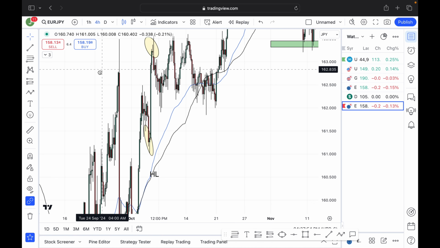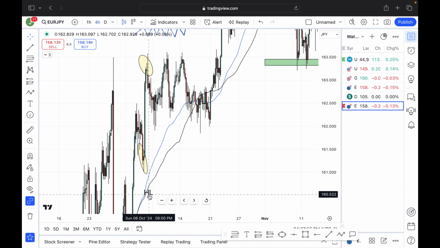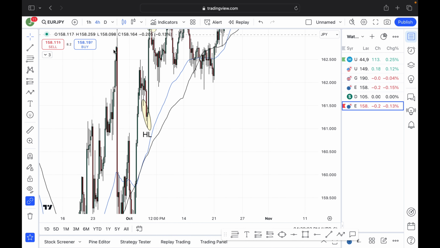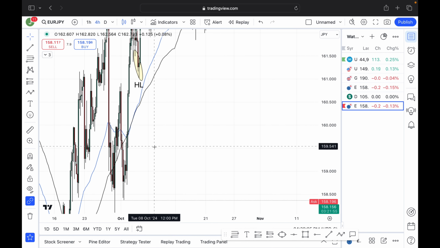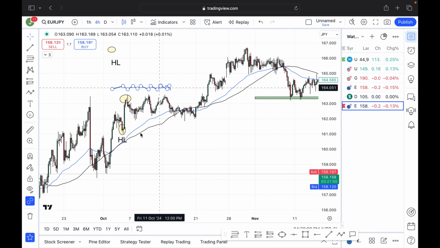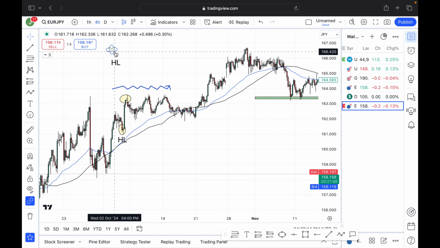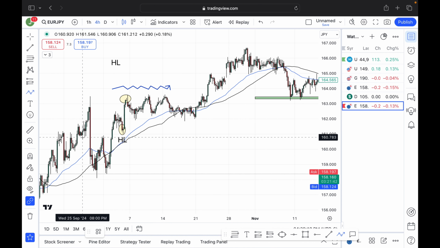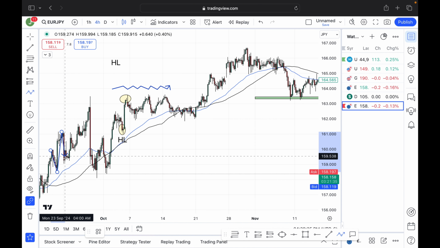So, as you can see down here, price right here closed above. Let's restart it. Let's go a little lower. Okay, we can see that better. We were in an uptrend, so we have higher high, higher low, higher high.